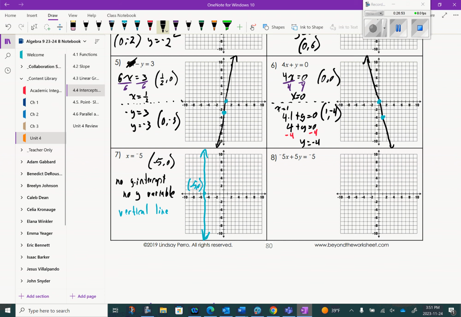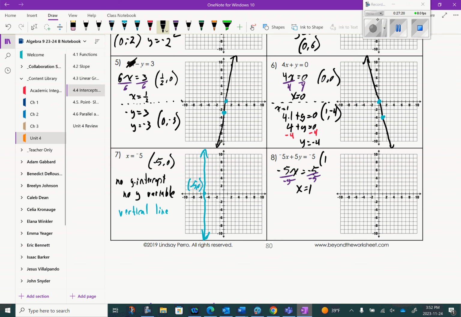And then for the last one here, -5x, find our x-intercept. The y term completely disappears. -5x is equal to -5. Don't rush through it. -5 divided by -5 is +1.